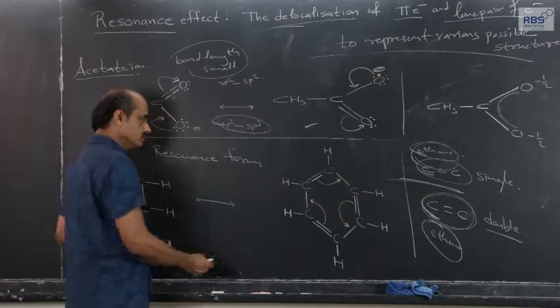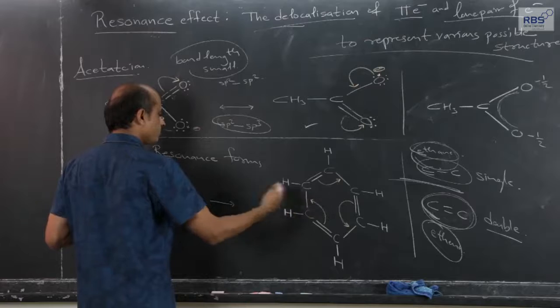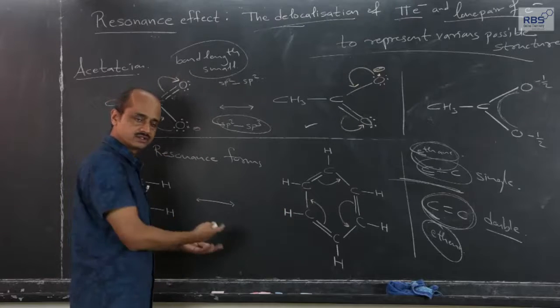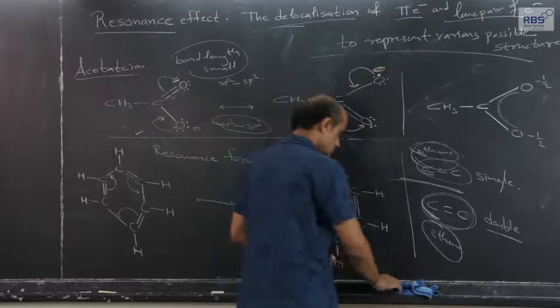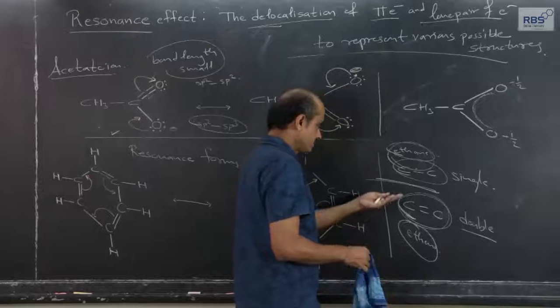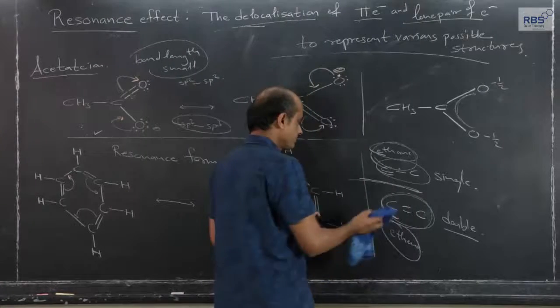So, although these two are the resonating forms of benzene and explain many properties, especially chemical reactions like addition reaction, they do not explain all properties like bond length and bond strength.